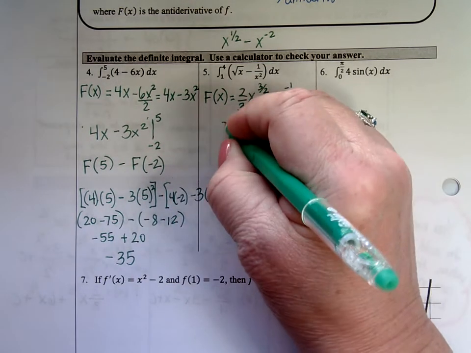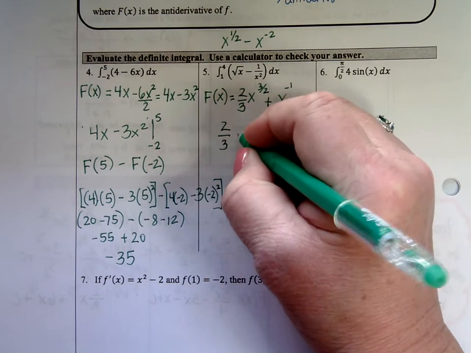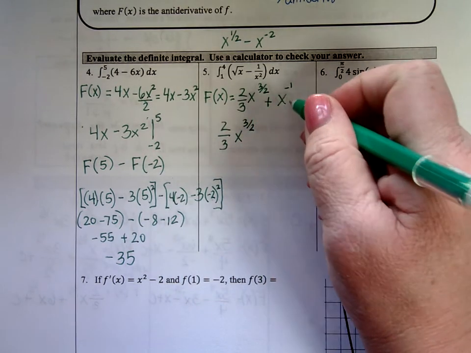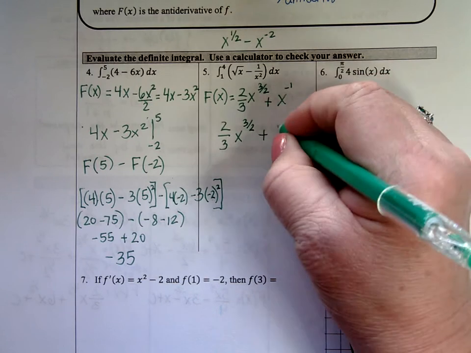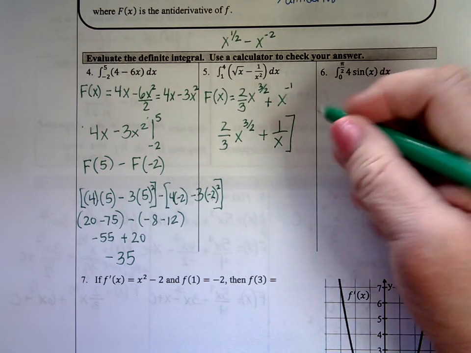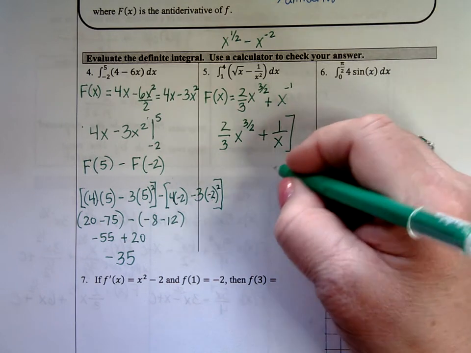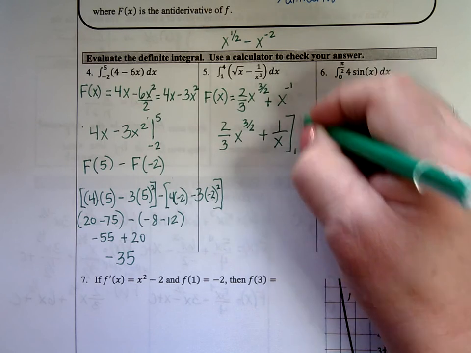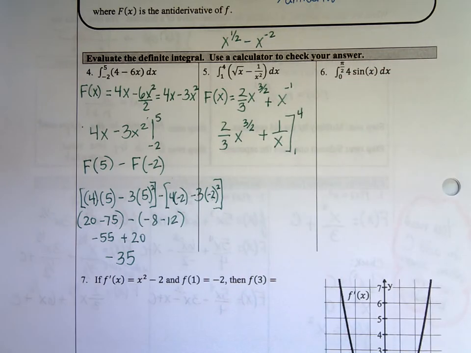I'm going to have 2/3 x to the 3/2. And this one I'm going to put written the other way as 1 over x. All right, and this time I'm just using a bracket on the other end. And I've got my 1 and 4.